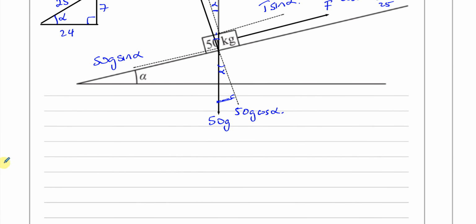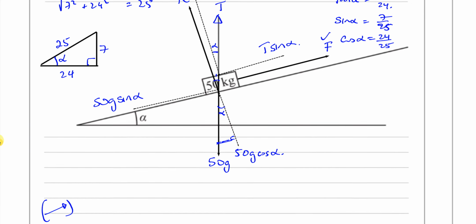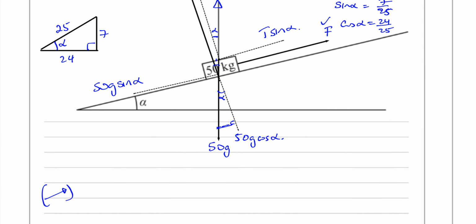So if I resolve my forces parallel to the plane, I think the only thing I won't know is the tension. In fact, I'm going to resolve it parallel to the plane in such a way that we take down as positive. It doesn't really matter because this thing is in equilibrium, but I like to take the direction that something is moving, or trying to move, as the positive direction.